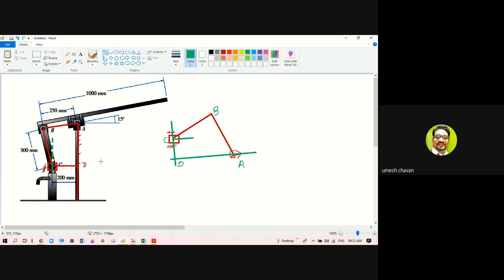DA is a variable distance. What is the DA? The DA is nothing but the distance between A and C. Suppose the C came here, then you have to take DA. DA is nothing but this one. When the piston came here, this distance is going to act as DA. So that way, the DA is the variable.